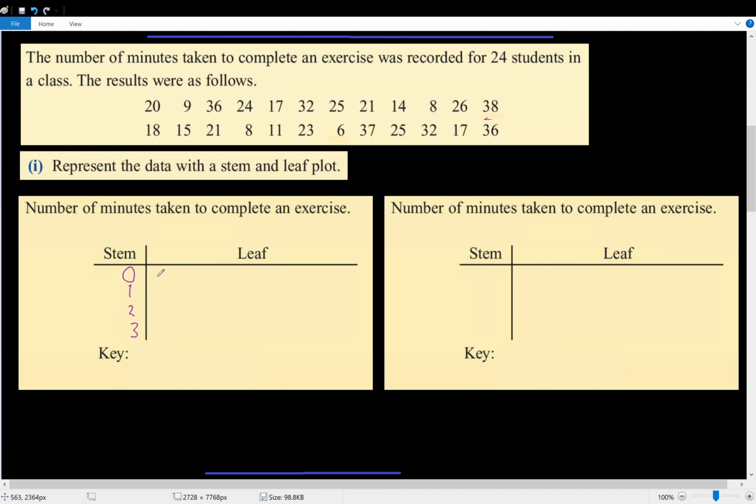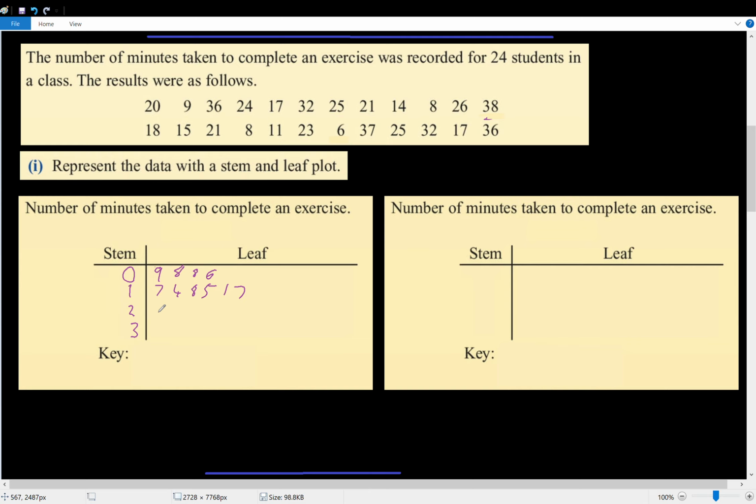So all of the single digit ones are just 9, 8, 8, and 6. Then all the teens, all the ones in the 10 section, it's just going to be 7, 4, 8, 5, 1, and 7.